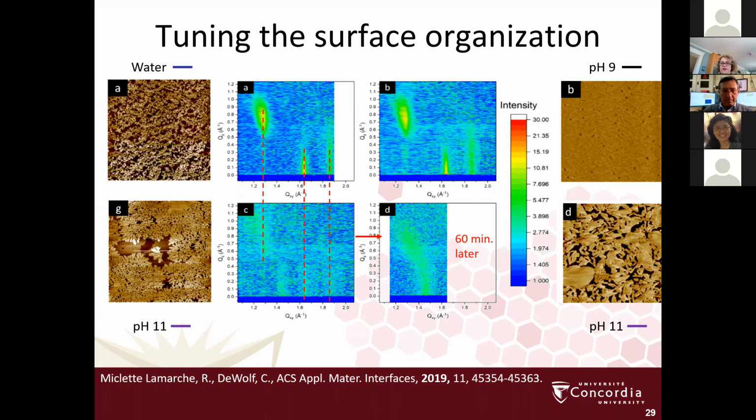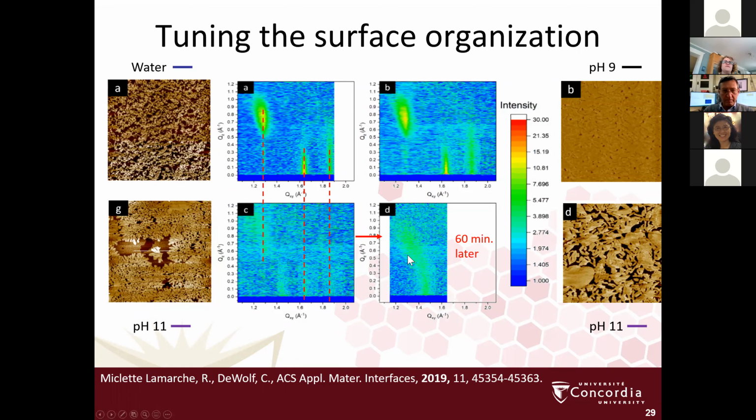So what we think we have here is a new phase emerging. What we've proposed is that because this forms these condensed phases immediately upon spreading, then as it deprotonates, this takes some time to happen.